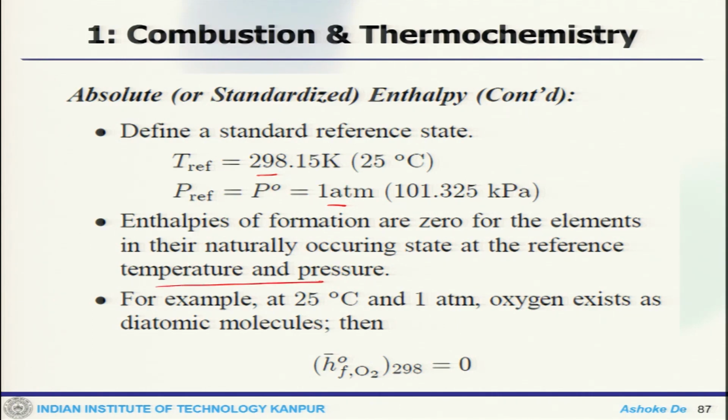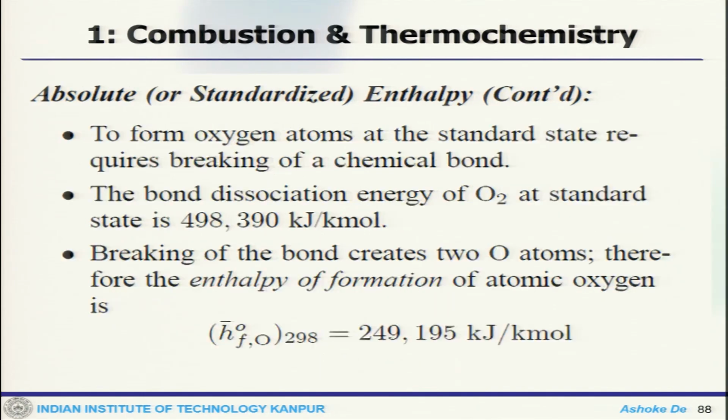For example, at 1 atmospheric pressure and 25 degree centigrade, oxygen exists as a diatomic molecule, so the enthalpy of formation is 0. There are plenty of similar species like nitrogen and hydrogen, and one can refer to any of these textbooks to look at the enthalpy of formation. Now, when you talk about absolute enthalpy.